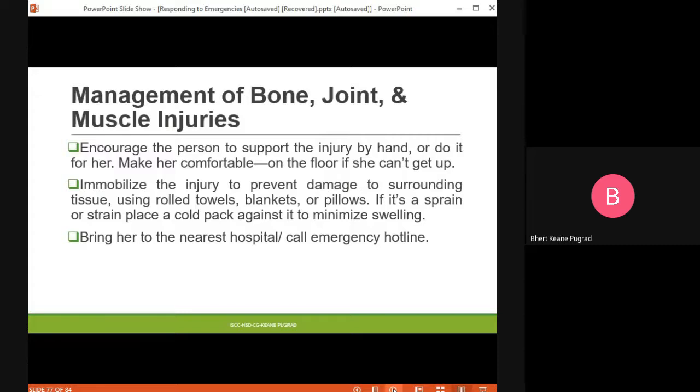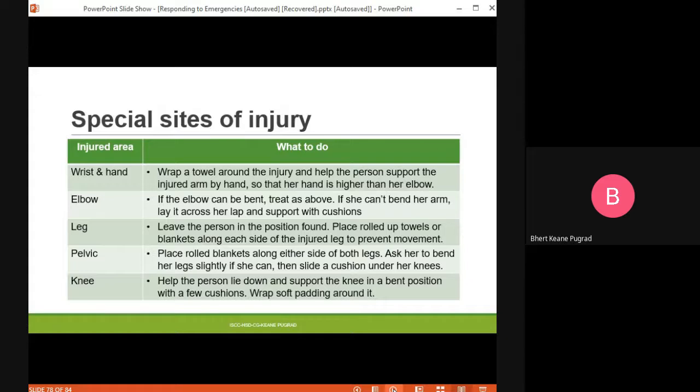We also need to immobilize the area to prevent further injury. How do we immobilize the area? We can use a sling, or we can use a splint, so that you do not further damage the injury. And then bring the patient immediately or call the emergency hotline for further care and management.